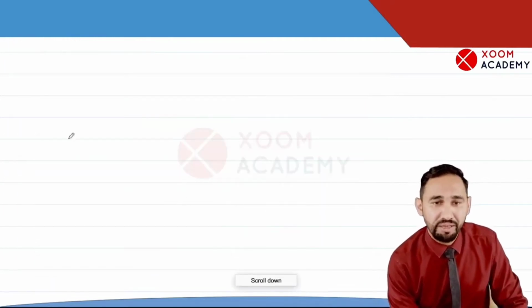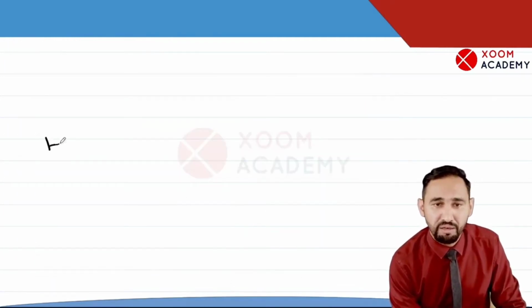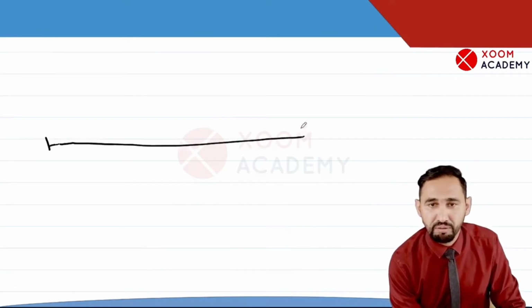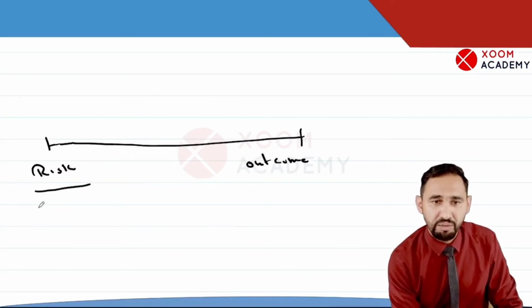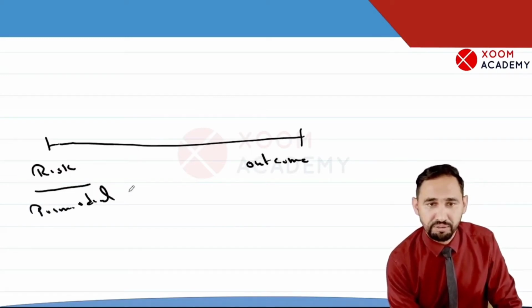Okay. We can say the disease process starts by risk factor. It causes outcome or disease. If we stop the risk factor, we can do primordial prevention.